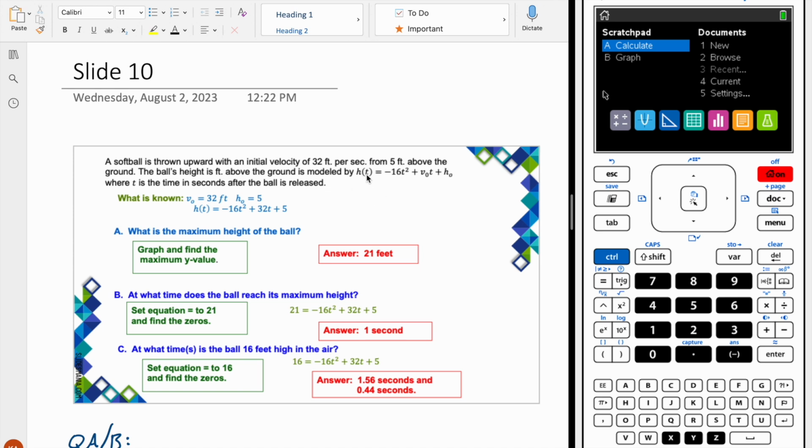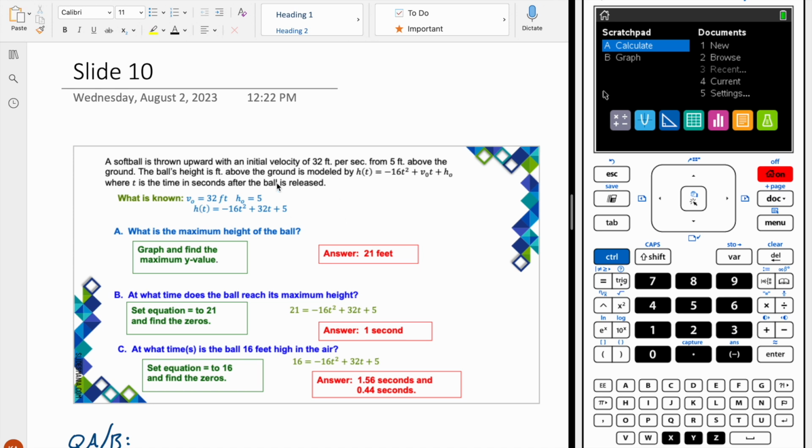Here it's important to understand what is generally used within these equations. For example, when we're talking about v0, we're generally talking about the initial velocity of the ball. And when we say h0, we're talking about the initial height. So, what do we know?